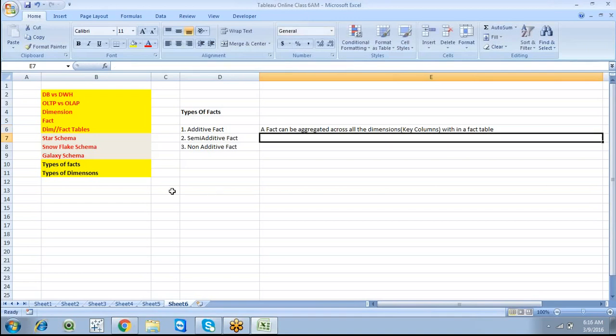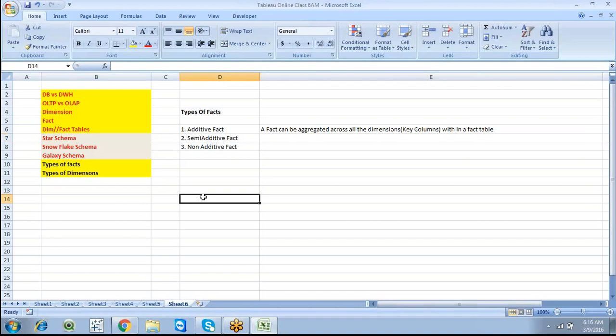So normally we have a fact table. An example for a fact table is what we already discussed, with day id, city id, customer id, and item id.